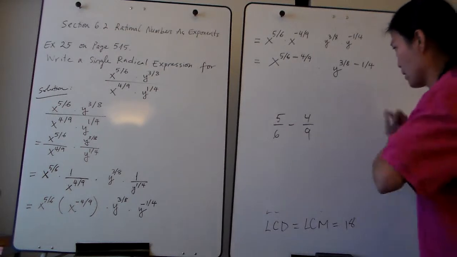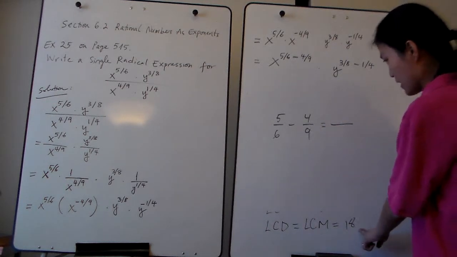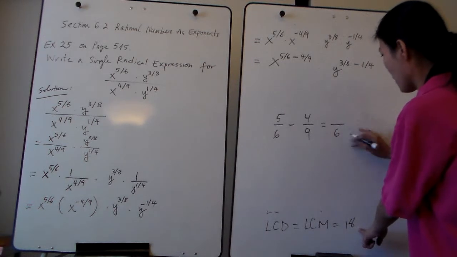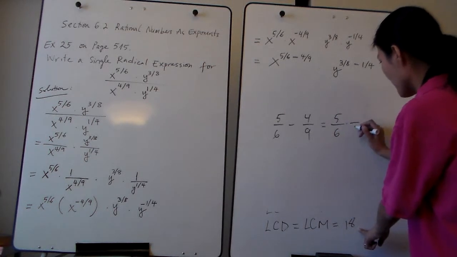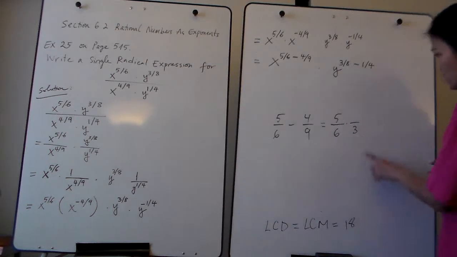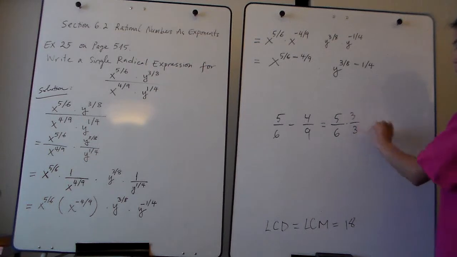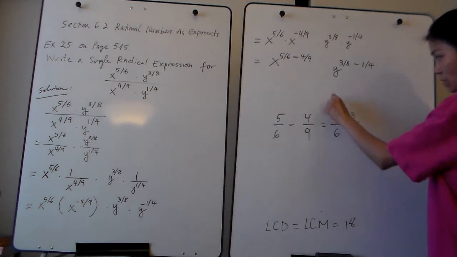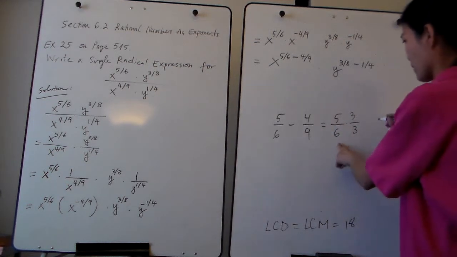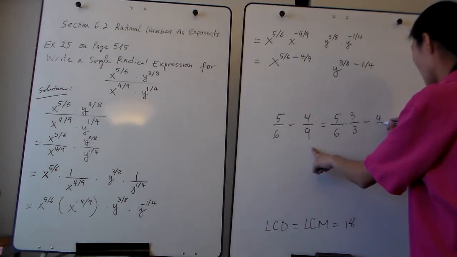So 5 over 6 converts to the one with the LCD 18. That means I will multiply by 3 at the bottom because 6 times 3 is 18. Now, I have to multiply by 3 on top too, so that I won't change this 5 over 6 fraction. Now subtract here 4 over 9.